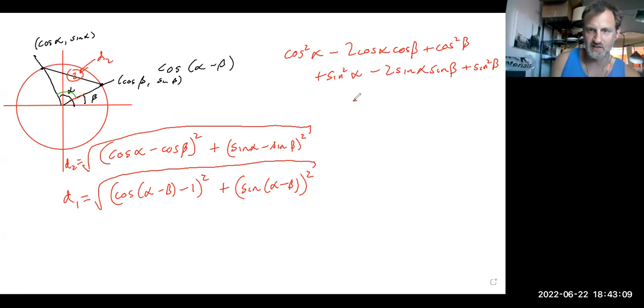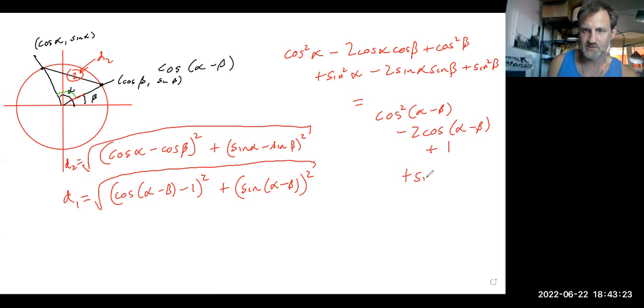That's one side equals cosine squared of alpha minus beta, minus 2 cosine of alpha minus beta, plus 1, plus sine squared of alpha minus beta. Now remember, the convention for squaring is to put the square on cosine and sine, because I don't want to confuse whether it's alpha squared or cosine squared. Cosine squared alpha is cosine alpha times cosine alpha.